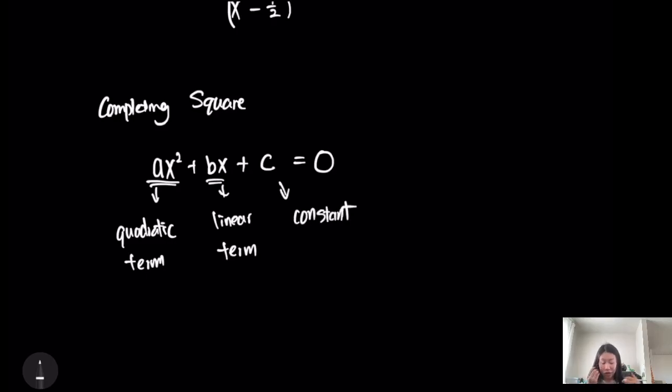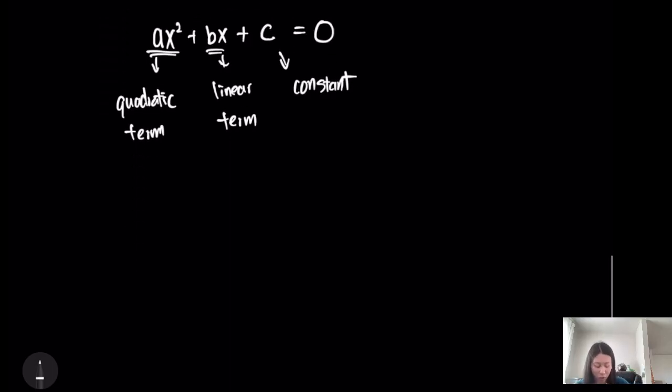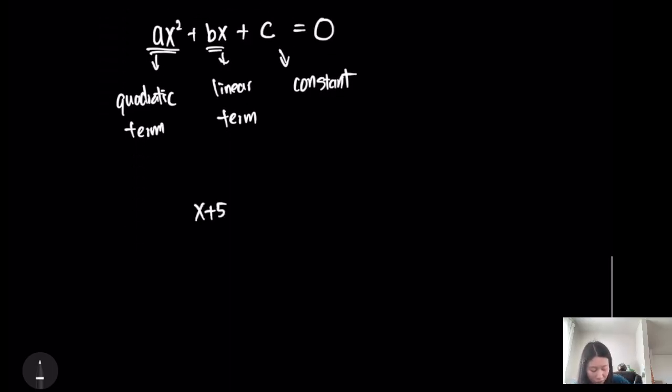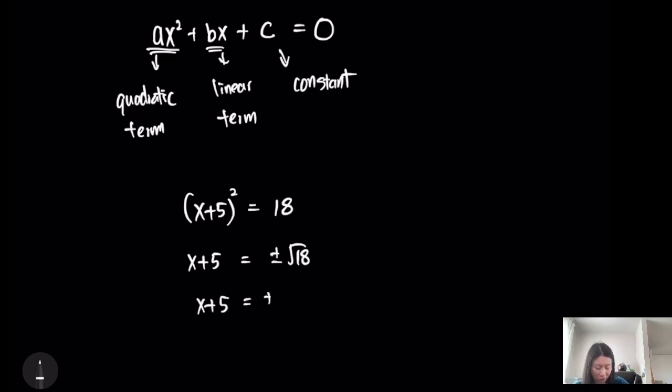So why do we need to complete the square to solve the equation? That is because if we see an equation that looks like x plus 5 squared equals 18, by what we learned earlier, we know that if we take the square root on both sides, we have x plus 5 equals positive and negative square root of 18. Then we simplify, we have positive and negative 3 times square root of 2.